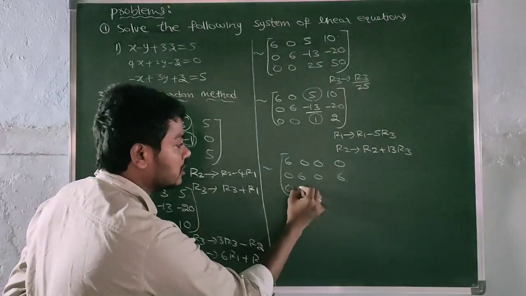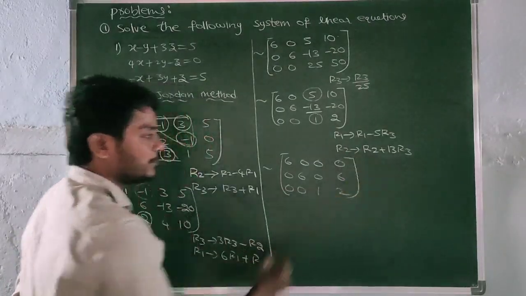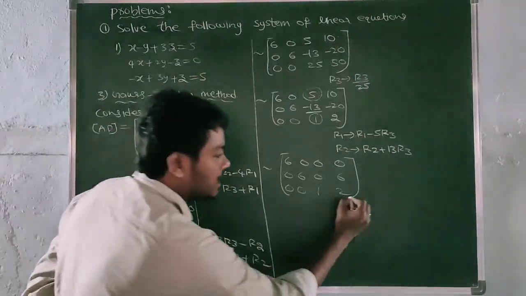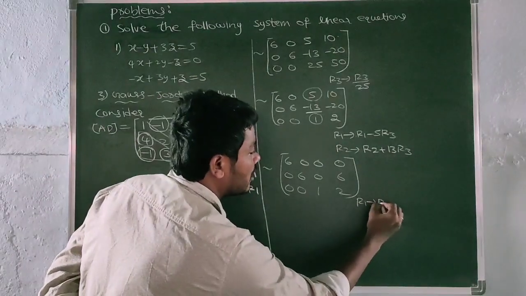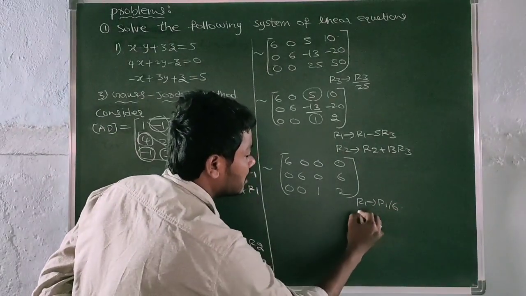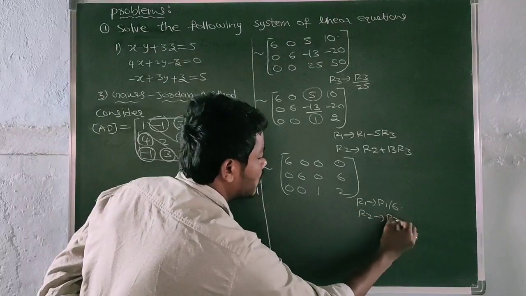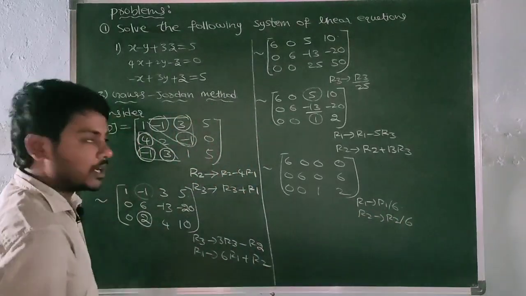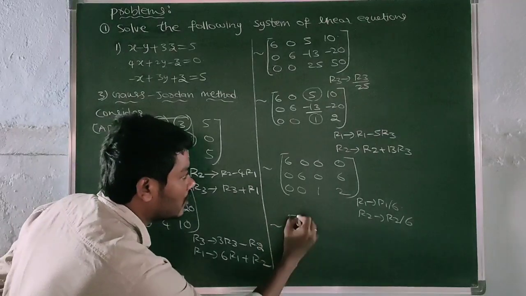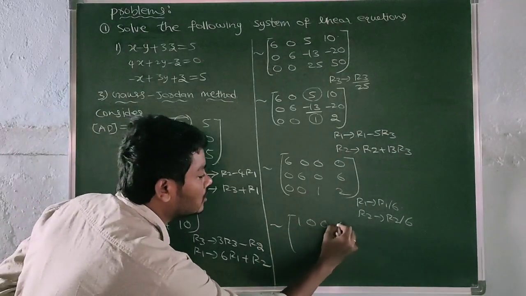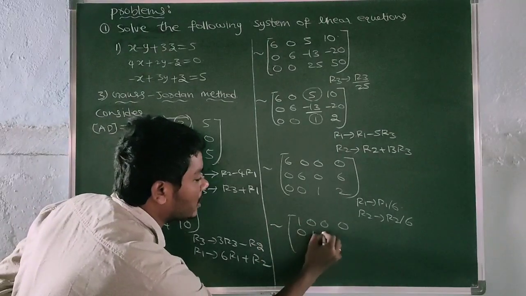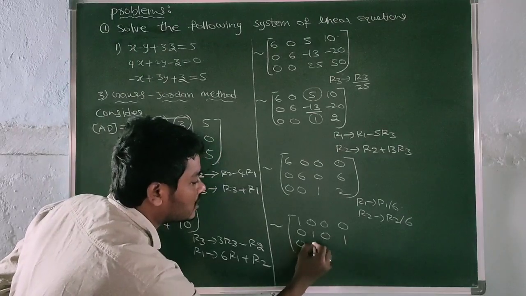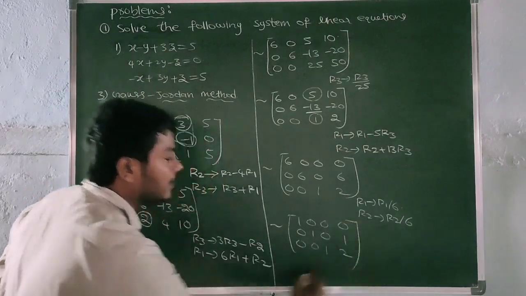Next one 0, 0, 1, 2. Now R1 changes to R1 divided by 6, and R2 changes to R2 divided by 6. So what you get? This is 1, 0, 0, 0, 0, 1, 0, 1. Next 0, 0, 1, 2.